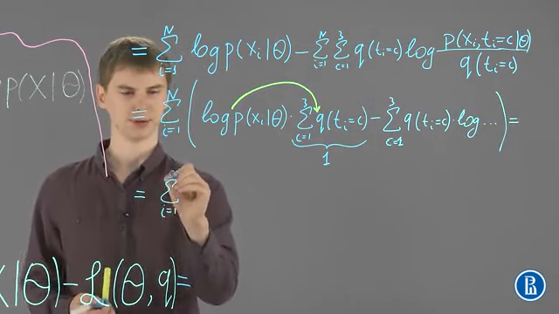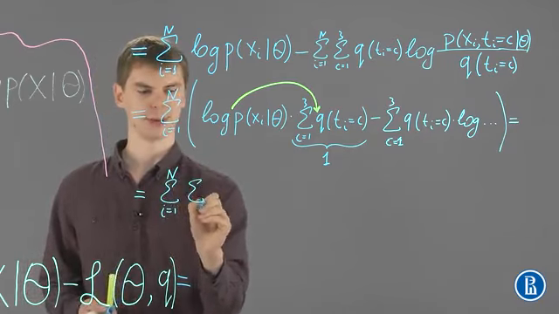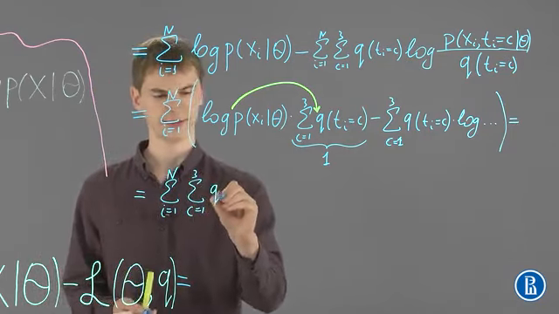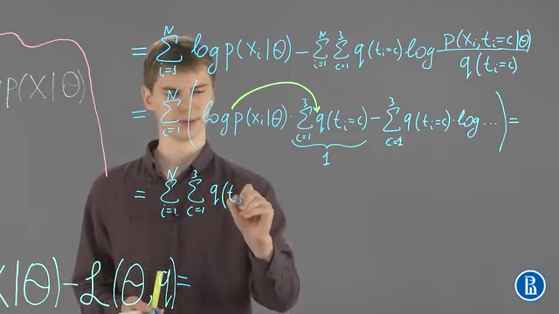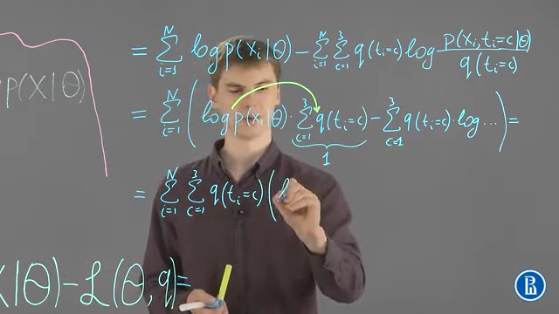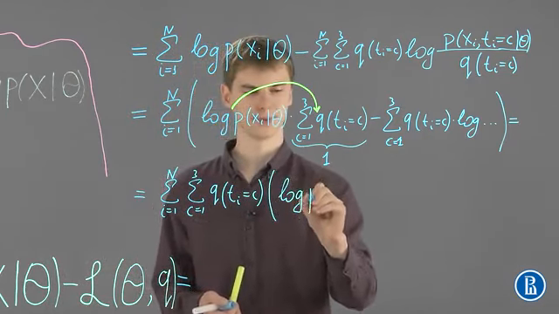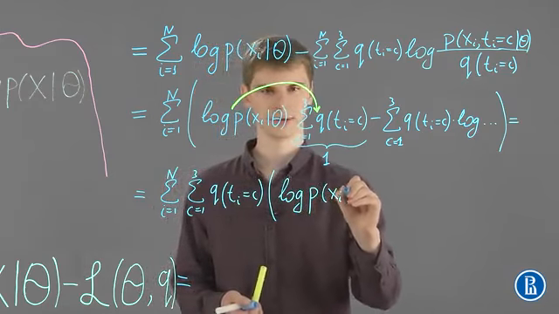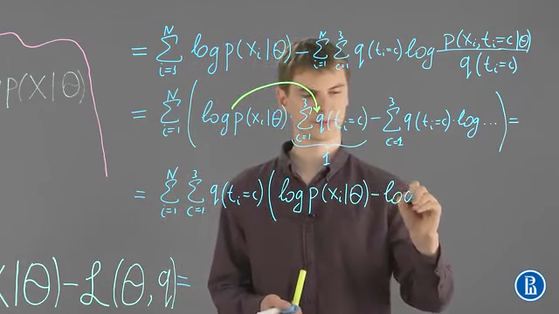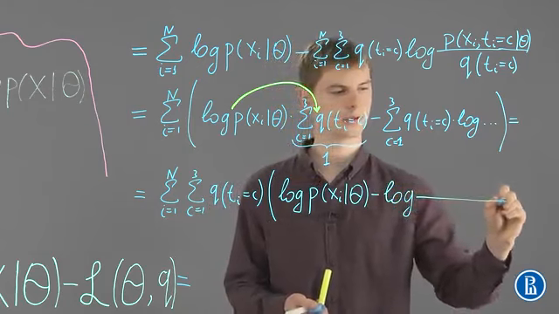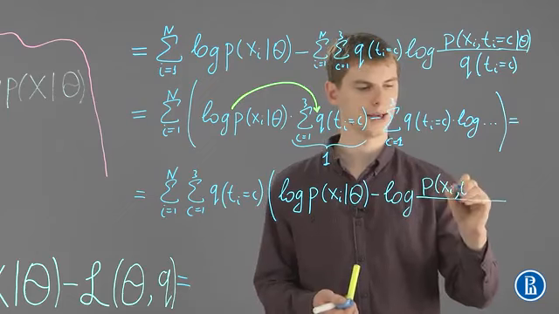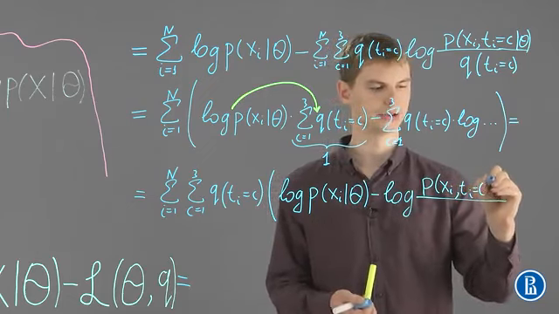So we'll have a sum with respect to the objects in the data set, a sum with respect to the values of the latent variable from 1 to 3, for example, the weights from the variational distribution, times the difference between the logarithms: the logarithm of the marginal likelihood minus the logarithm of the ratio of the joint distribution p of xi and ti divided by the variational distribution q.